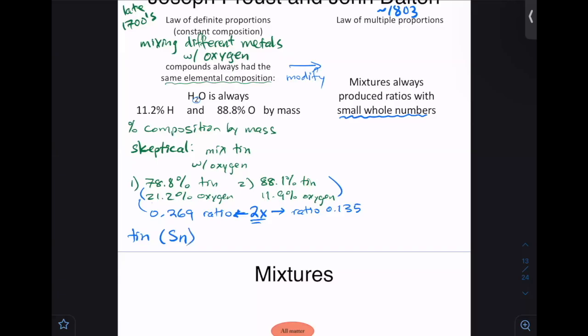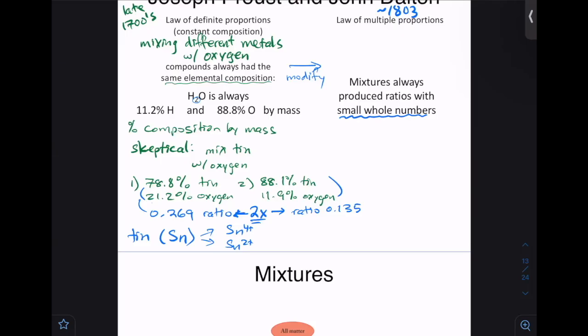All right, so Sn, that's for tin. And as we'll be learning later on in this class, tin can form ions. We'll be learning about ions and what they mean and how and why they form. And tin can actually exist in two different kinds of positively charged ions. We have tin with 4 positive charges, and we have tin with 2 positive charges.